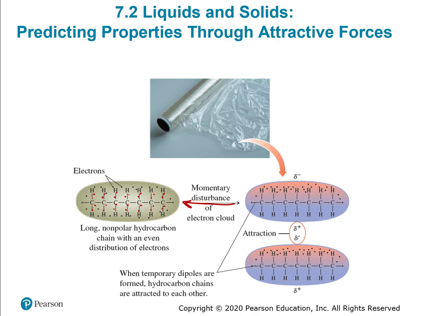But every once in a while, see how the red and the purple do? More electrons end up around the hydrogens at the top than around the hydrogens at the bottom. And because of that, you can get this slight charge. That's the whole reason that cling wrap will cling. Think of it like that. But as soon as it's formed, it disappears.